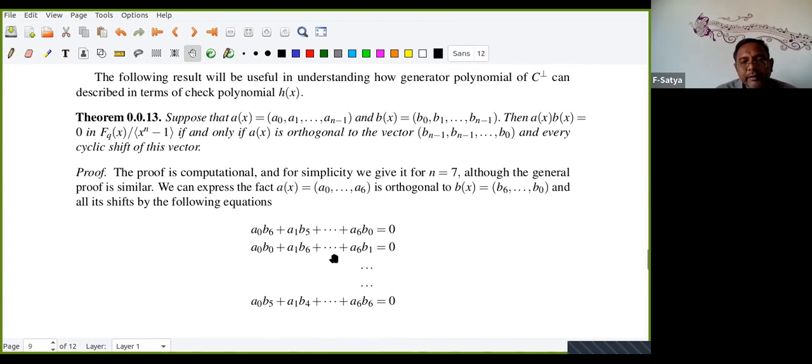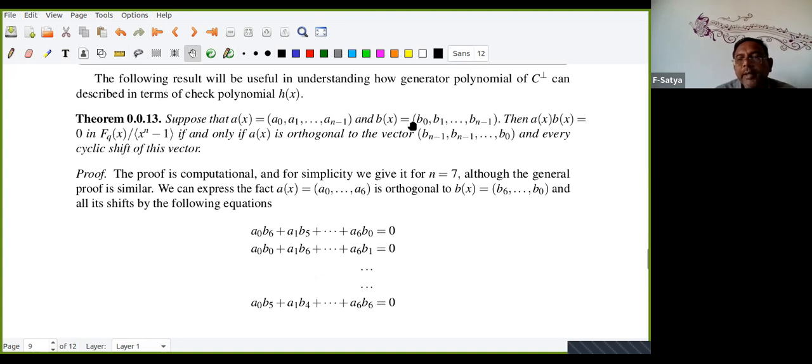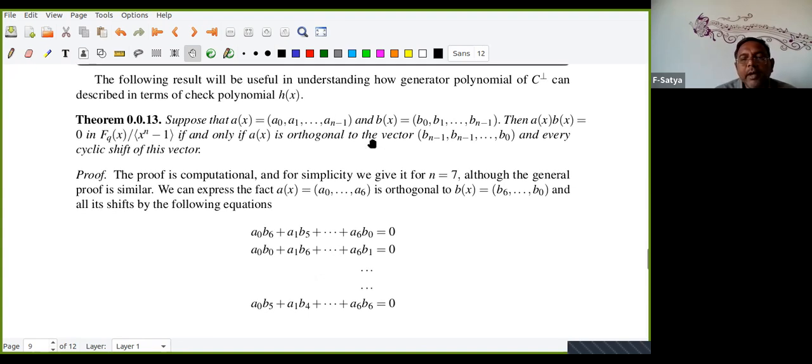Again a cyclic shift, and again. The last one becomes a0, a5. So this is why these are coming. Now a(x) into b(x) equal to 0 means I multiply these two polynomials and that product is equal to 0, right?